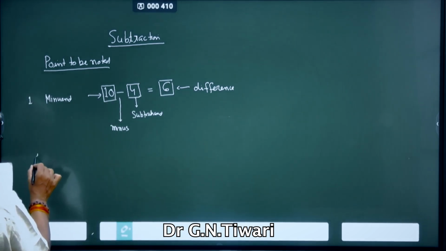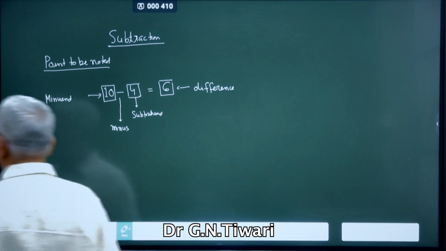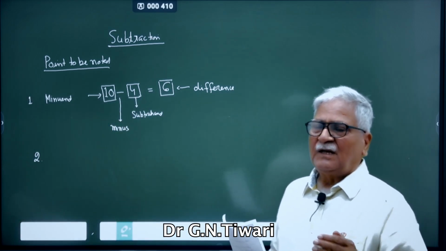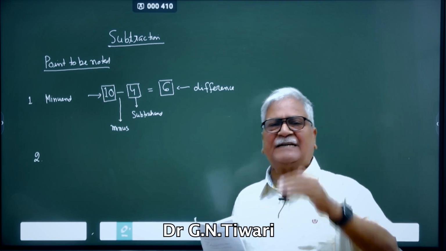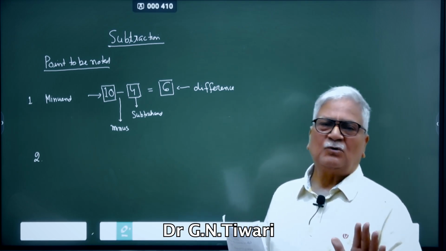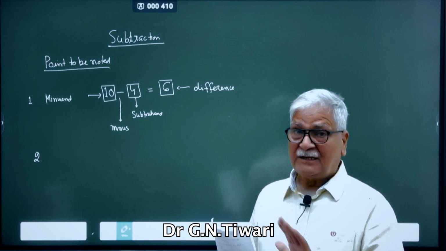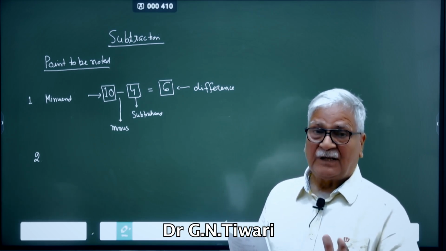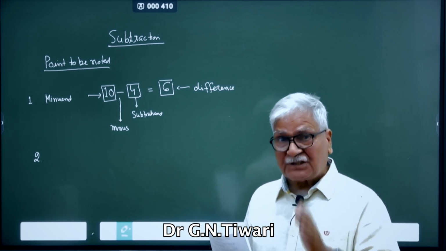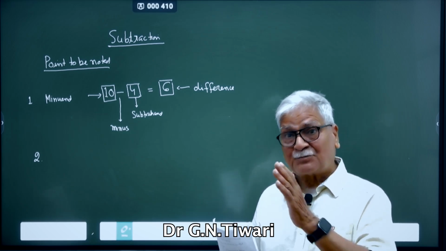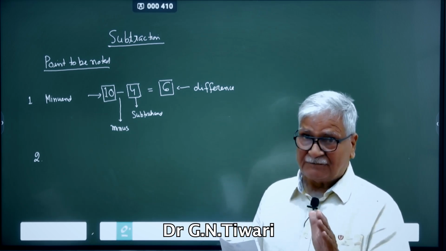What is the second point? In addition, I have already told you, if you change the position of addends, there is no effect on the sum. But here, it is not true. Here, the position of minuend and subtrahend cannot be changed.